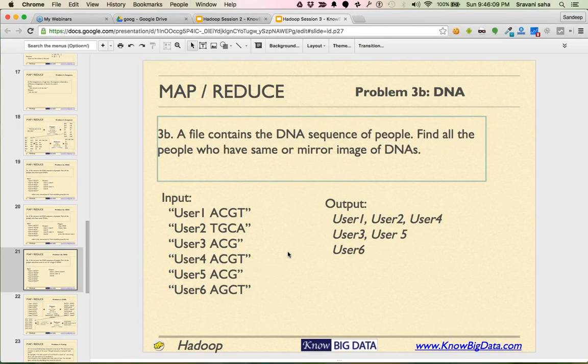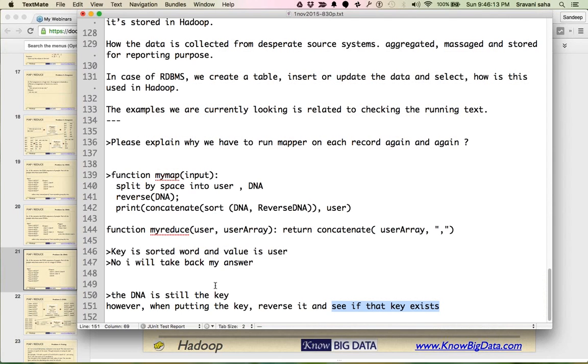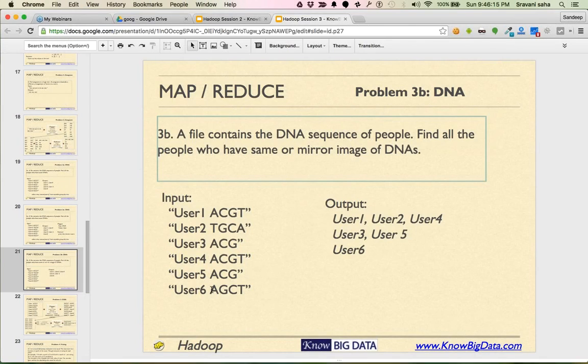Maybe we will first bring the anagrams together, and then within those anagrams we try to search which one is a mirror image and which one is identical, and then decide. That could be one strategy, but it is a little inefficient, because in the case of DNA, most of the DNAs have the same set of characters.